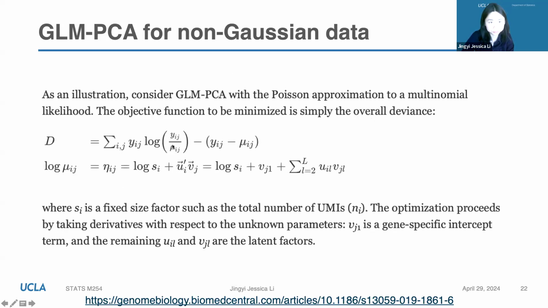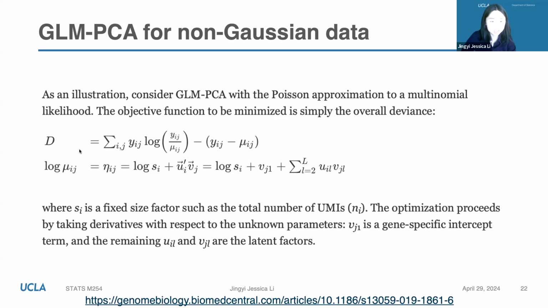Deviance, by the name, is how your data is deviated from the model, or the model is deviated from the data. That's the discrepancy you want to minimize as a way to fit the model. If you minimize the deviance, you find the best parameter values of your model to describe your data.